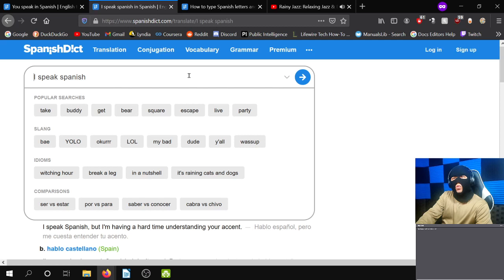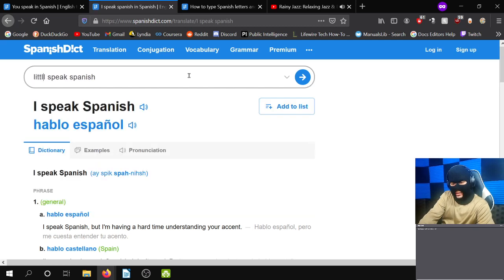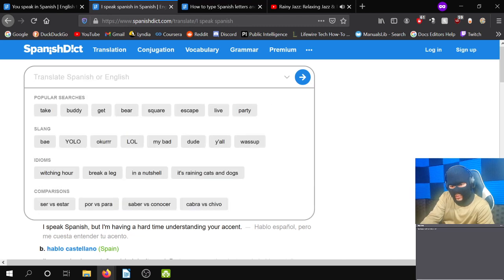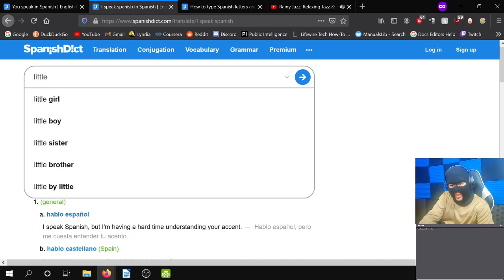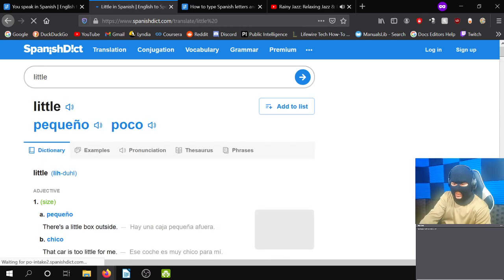The next one is little. The reason why it's little is because in conversation it kept on saying speaking a little, or I speak English or Spanish. So under that context, it would be poco.